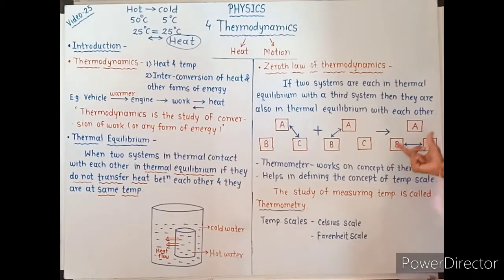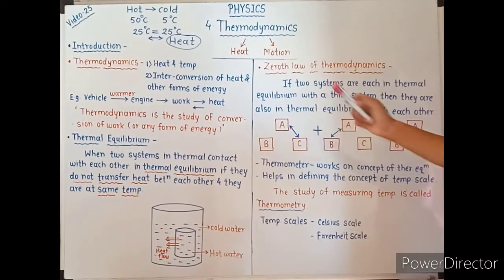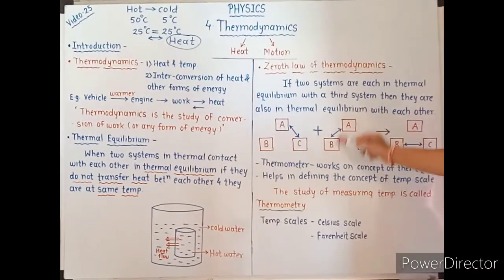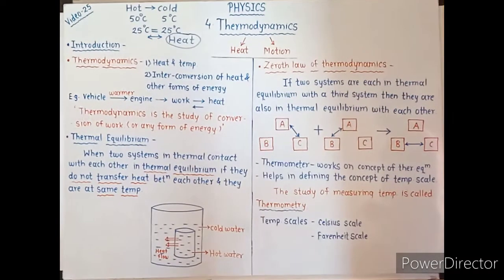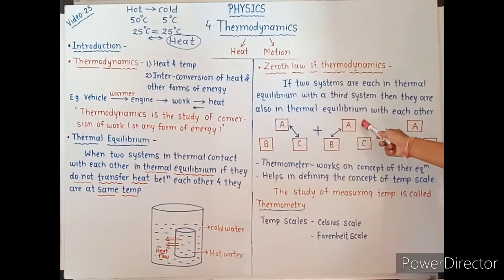Then systems B and C are also in thermal equilibrium with each other, because of the zeroth law. These three systems are at the same temperature and there is no transfer of heat between them.